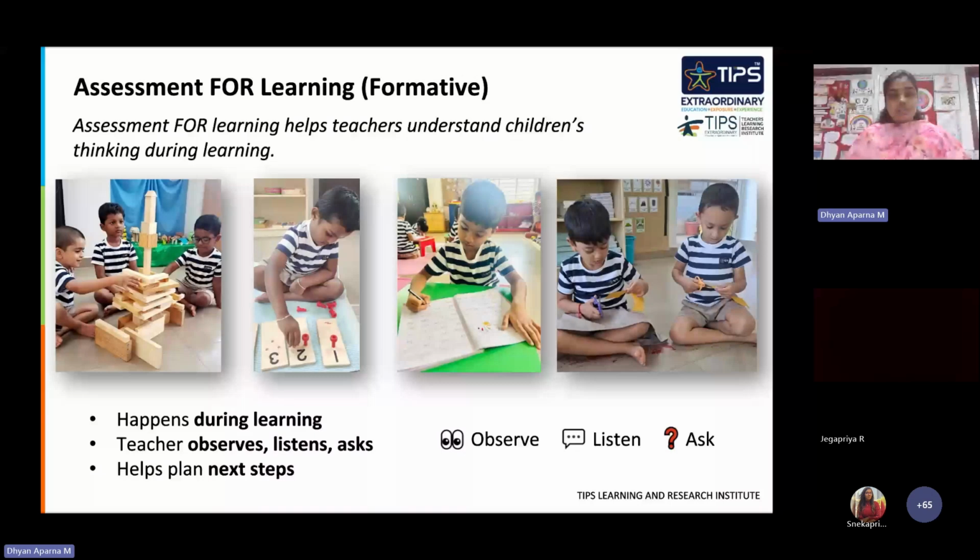Now, if you look at all these images together, in each image the learners are engaged in different activities, right? You can notice that I have taken pictures from different domains. Why? Because assessment can happen in any domain. Now, I want you to keenly look at each image and tell me, as teachers, what are we really doing in those moments? You can just take any one picture and tell the one thing that we do in that particular activity time.